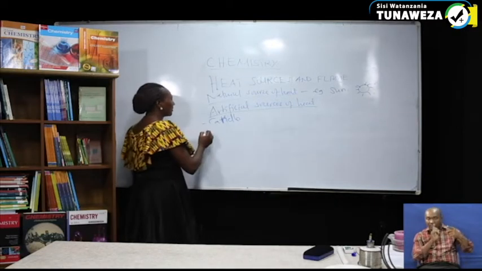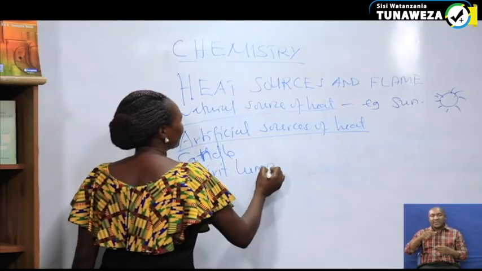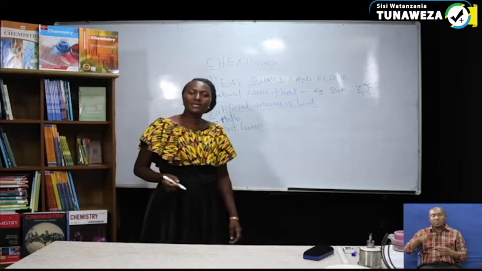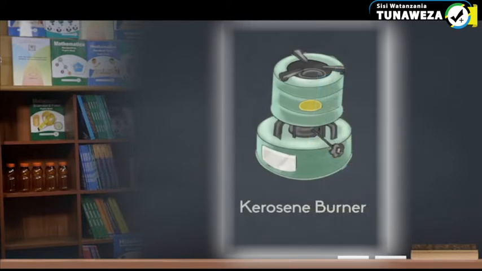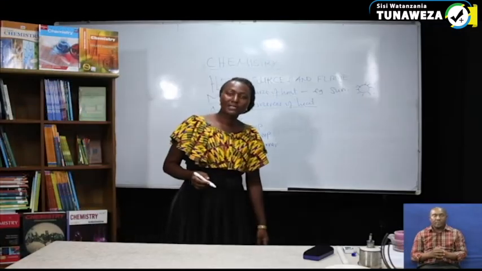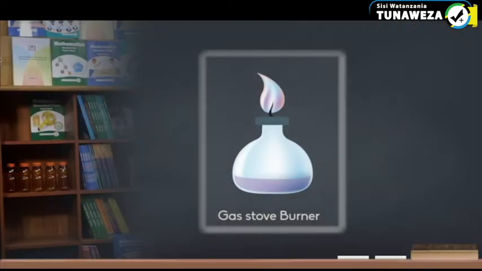Another type is spirit lamp. Another type is kerosene lamp. Another type is kerosene burner. Another type of artificial source of heat is gas stove. You can call it gas stove or gas burner.